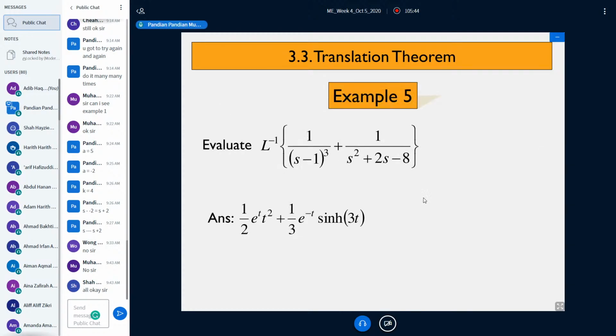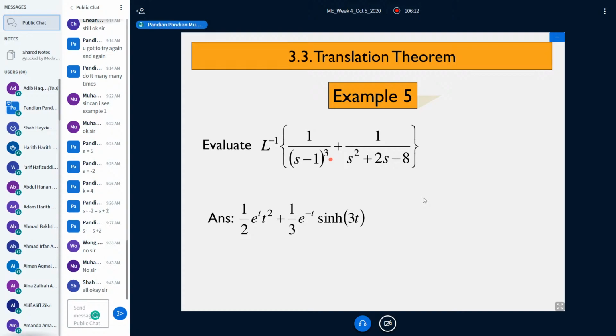Okay, now we come to this one, s minus 1 power 3. So your n is 2. You go back to the translation theorem: inverse Laplace of F(s minus a) is e power at times f(t).